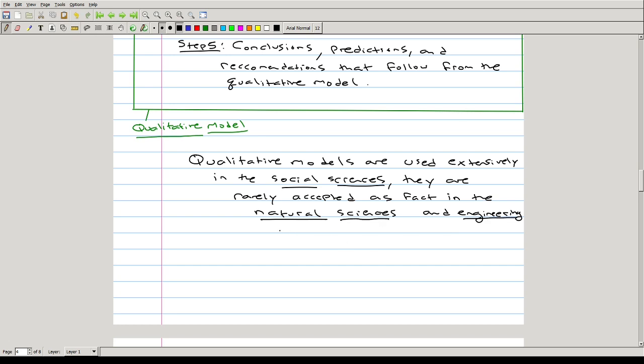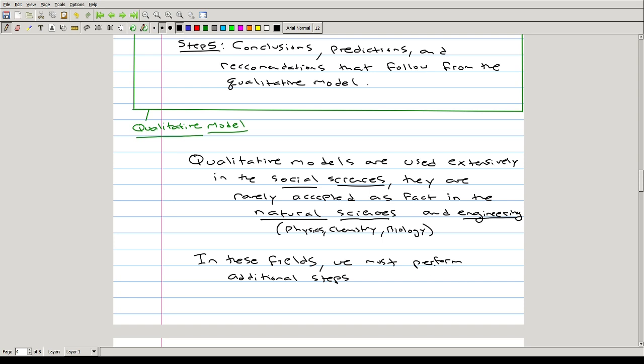And by natural sciences here, we're talking about physics, chemistry, biology, etc. In these fields, we have to perform additional steps which lead to a mathematical quantitative model.